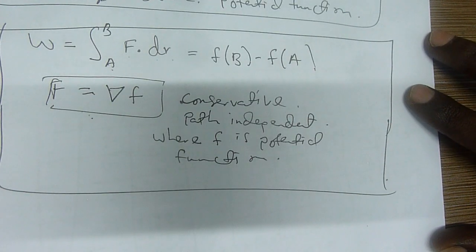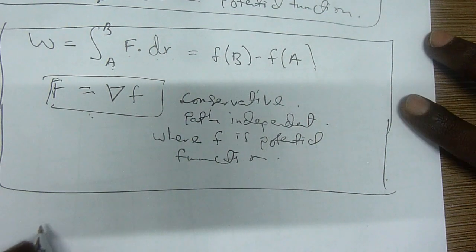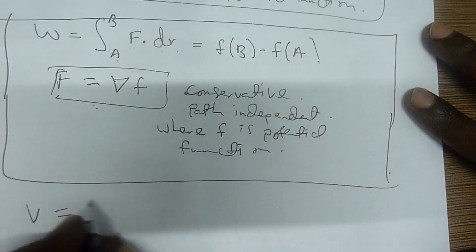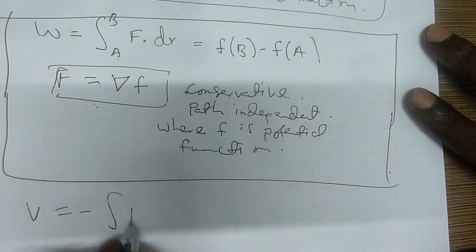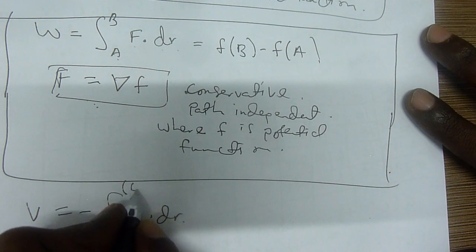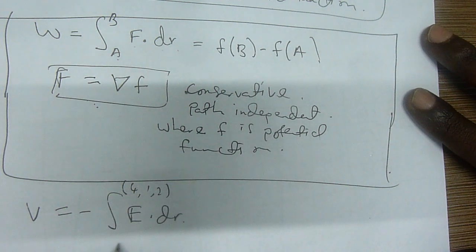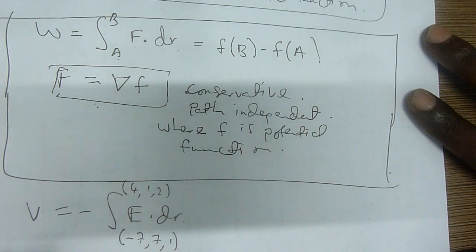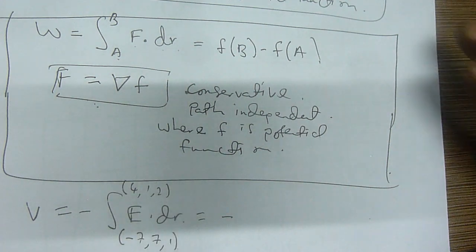We get back to the problem again. In our case, it is given here as the integral of negative F dot dr, where this goes from (1, 2, 4) to negative 7, 7, 1. If this is the scenario, then we need to solve the similar case with the same method.